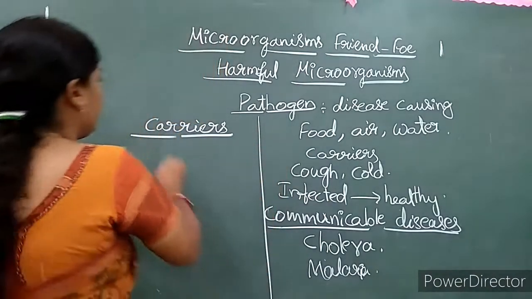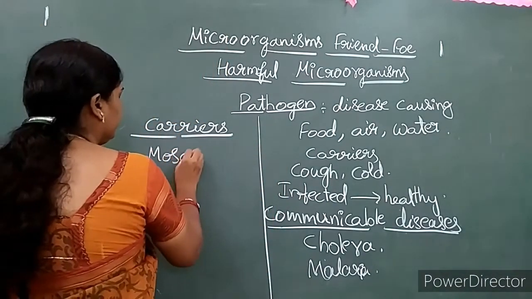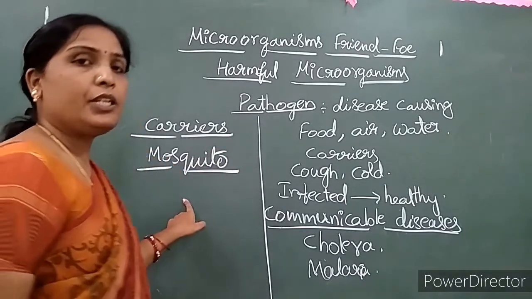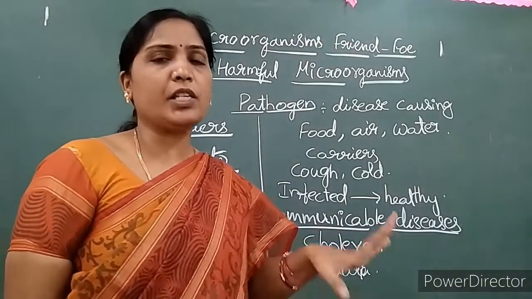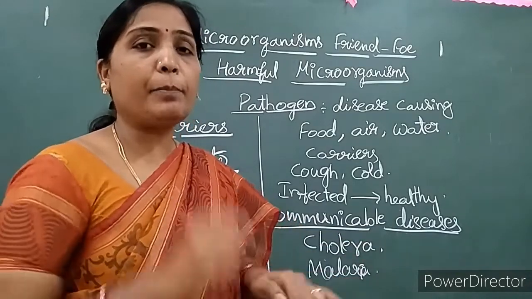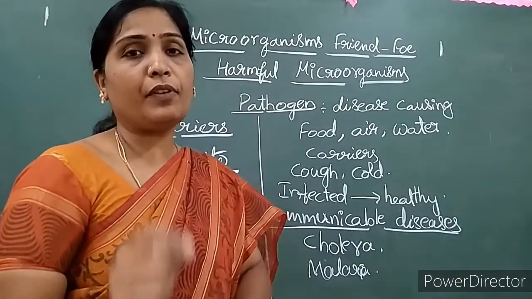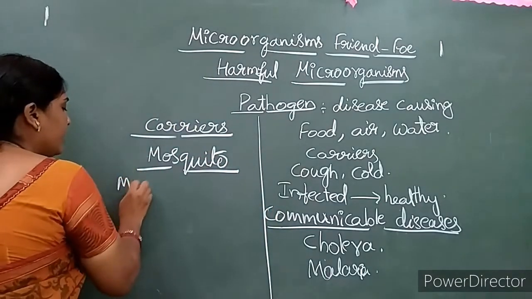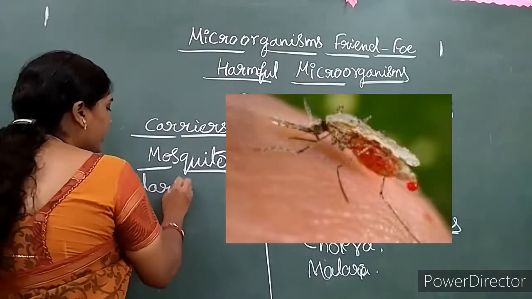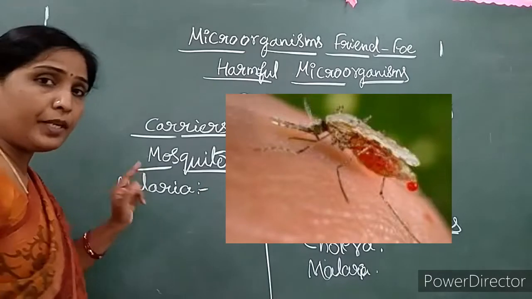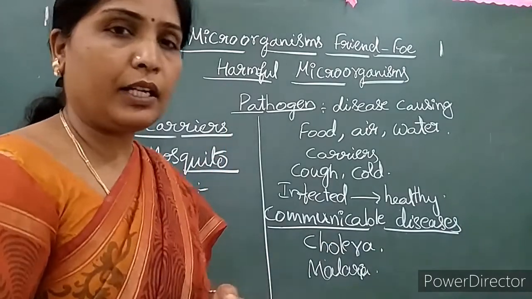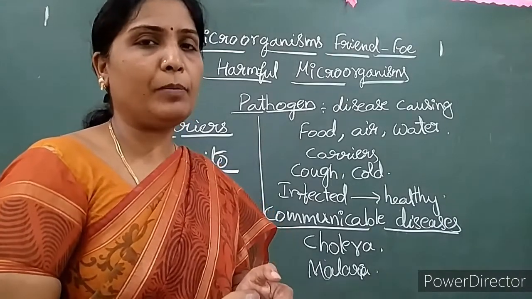For example, take the mosquito. The mosquito itself doesn't cause any disease, but it bites a person who is suffering with malaria, in whose body Plasmodium, a protozoan microbe, will be present.